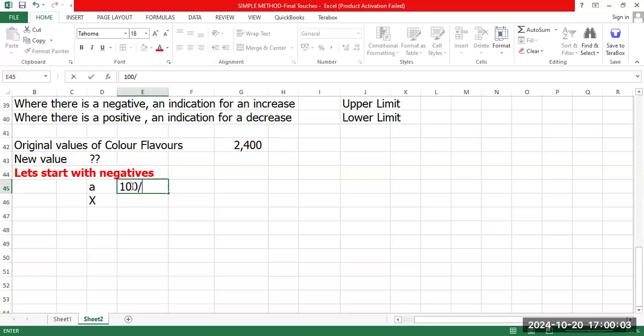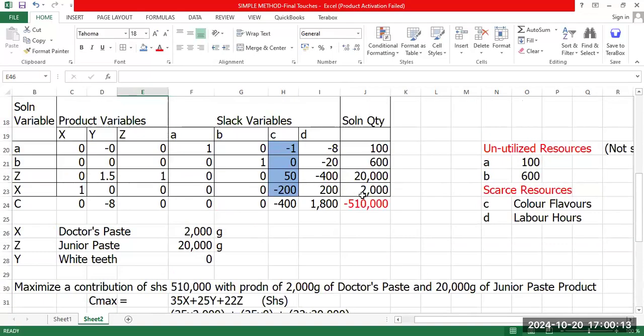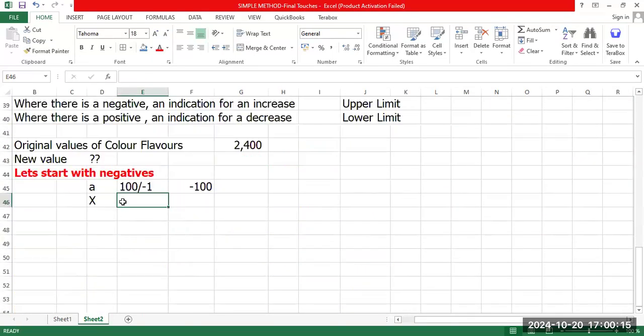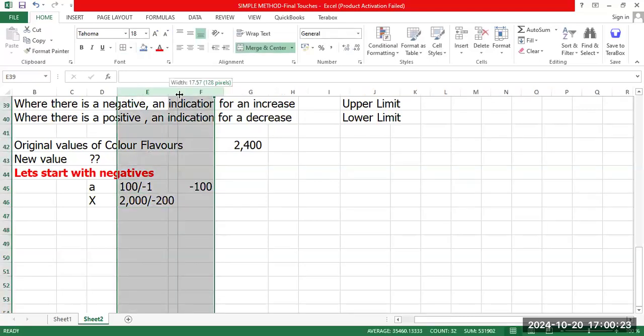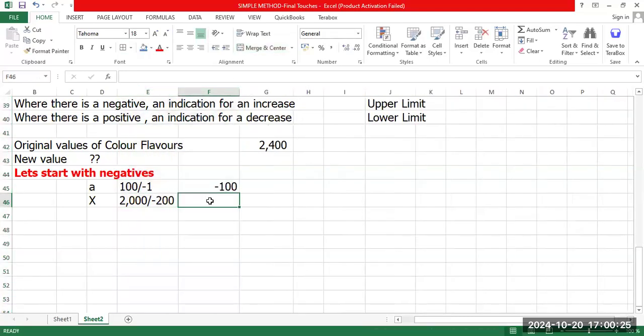You get negative what? 100. Then here it is 2000 divided by -200. What do you get? Negative what? -10.